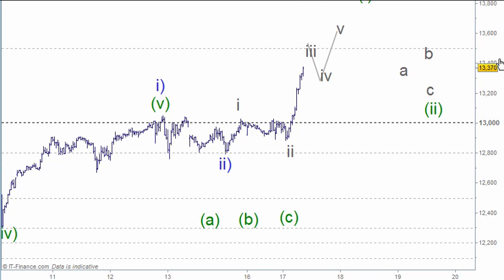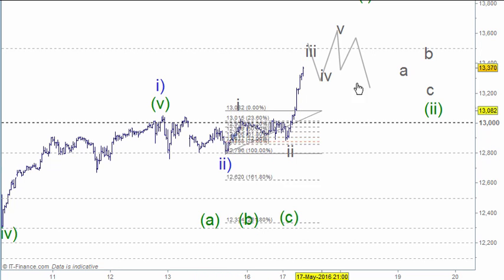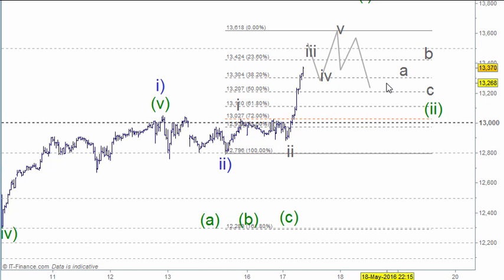That 500 is stronger than 400, of course. Then we'd see an A, a B, and a C wave here. How far that would pull back, we could look at the standard 50-60% retracement, but that's the textbook thing.